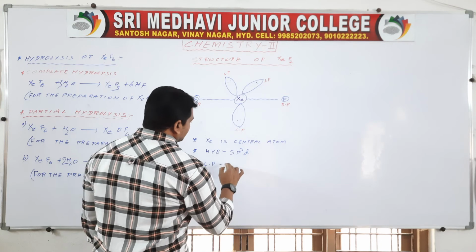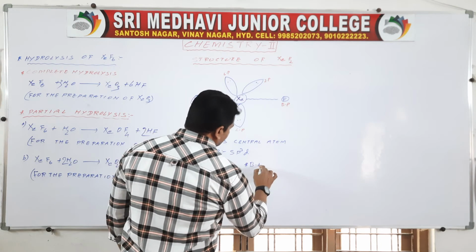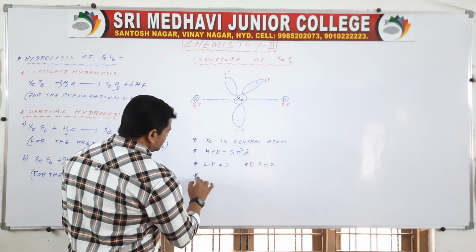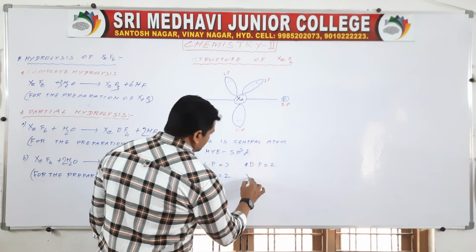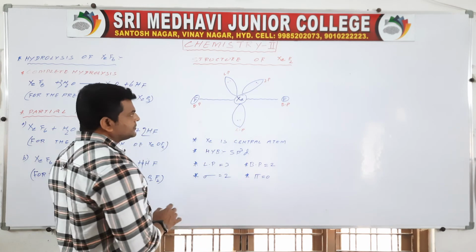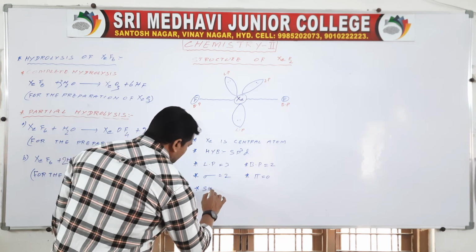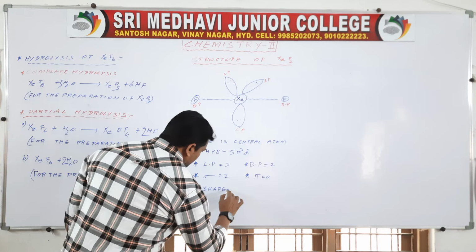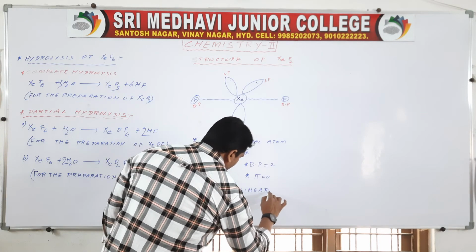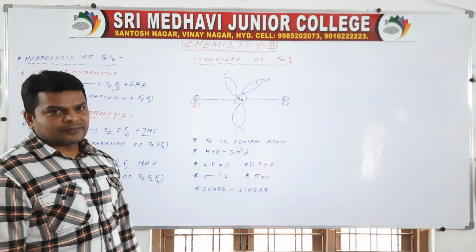Lone pairs 3, bond pairs 2, sigma bonds 2, pi bonds 0. Okay. Then shape of the molecule is linear.